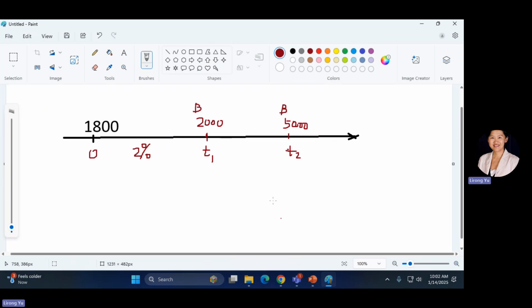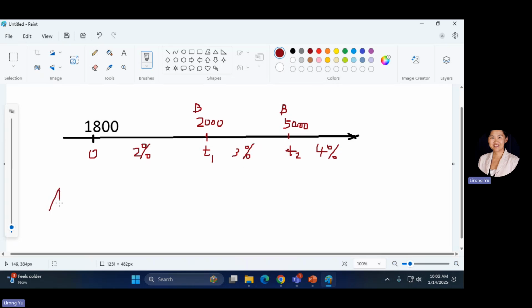And the interest rate in between T1 and T2 is 3%. And after that it is 4%. So there's a slight problem with the whole model. We don't know T1 and T2, so we can't really model the investment.